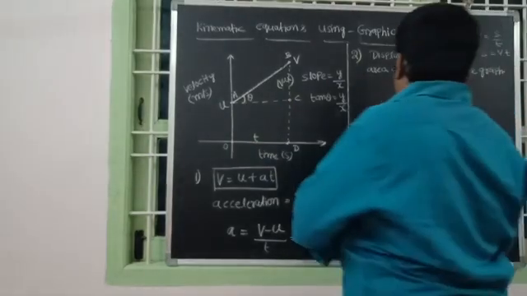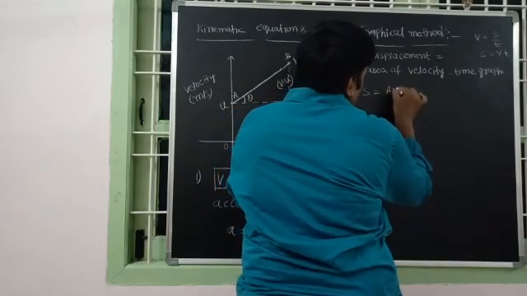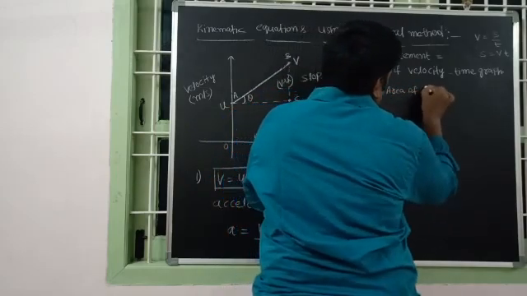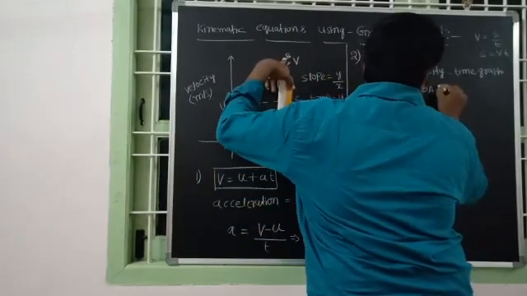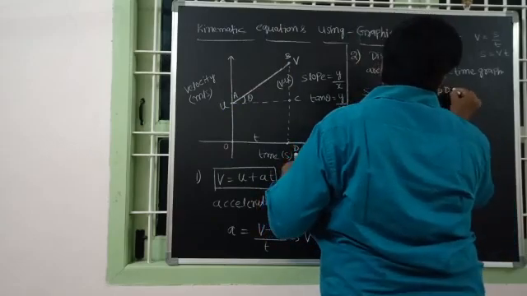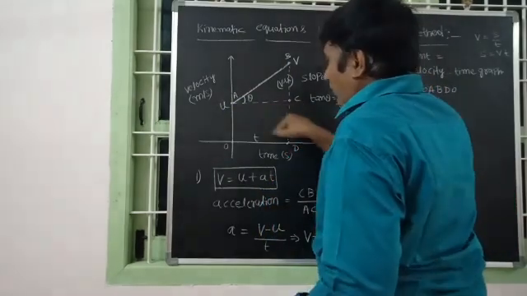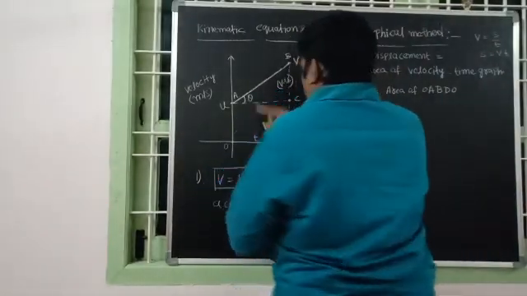So with the help of this, I can write S is equal to the area of O, A, B, and then D, O. I am not taking this part, I am eliminating it.